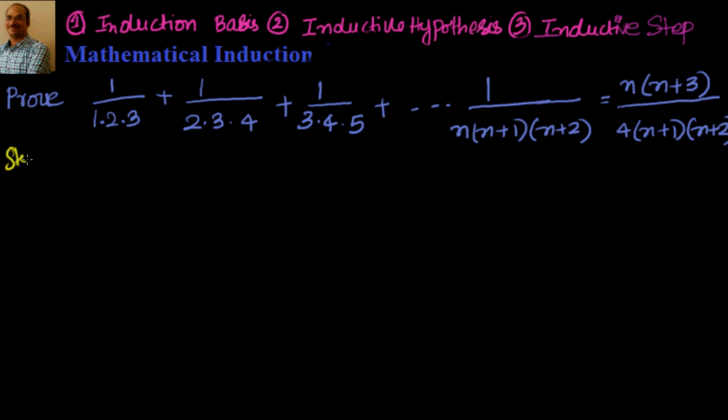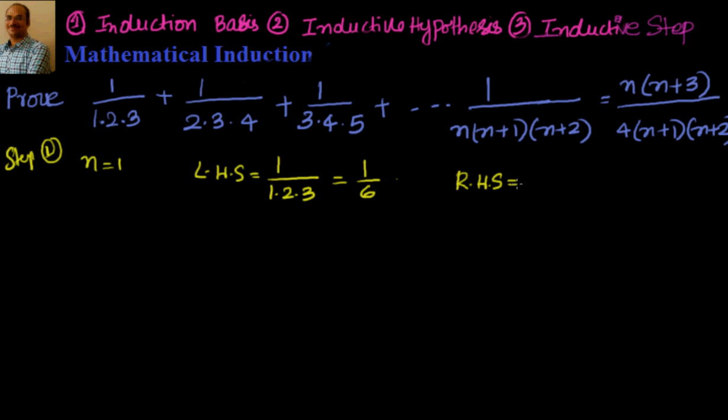So step 1, for n equal to 1, LHS is equal to 1 by 1 into 2 into 3, that's nothing but equal to 1 by 6.